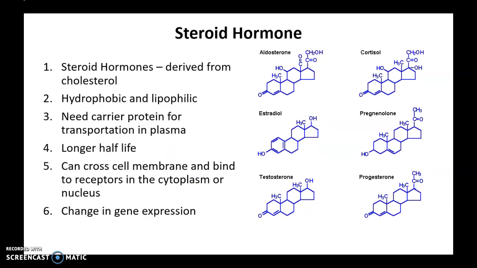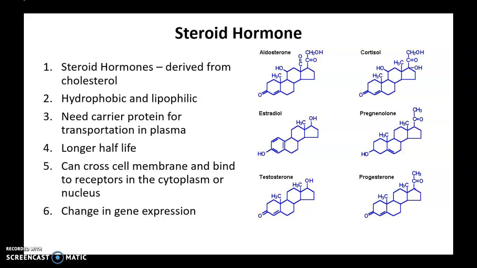Okay, so let's talk some more about steroid hormones. Now, steroid hormones are synthesized from a precursor, cholesterol. They come from cholesterol. And when we see these ring-like structures in the steroid hormones, as we see in the picture, these are steroid hormones like aldosterone, cortisol, estradiol, progesterone, and their structures have these rings.